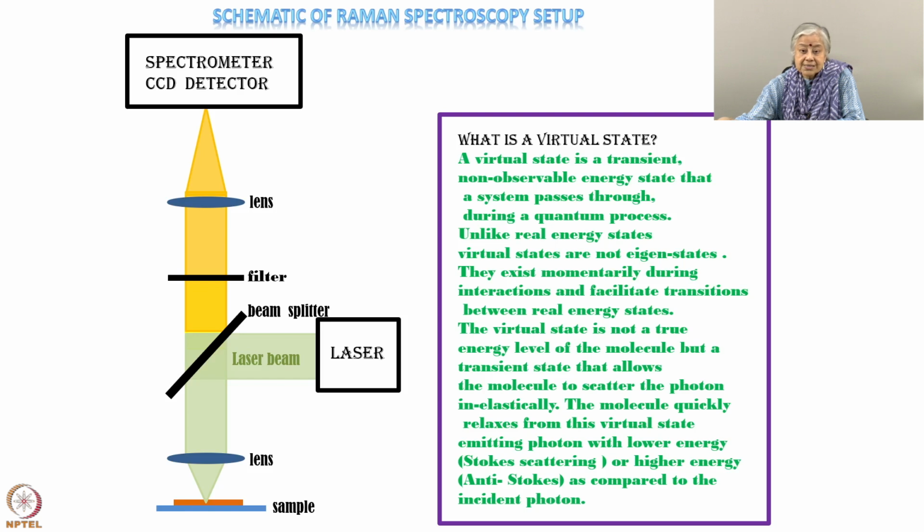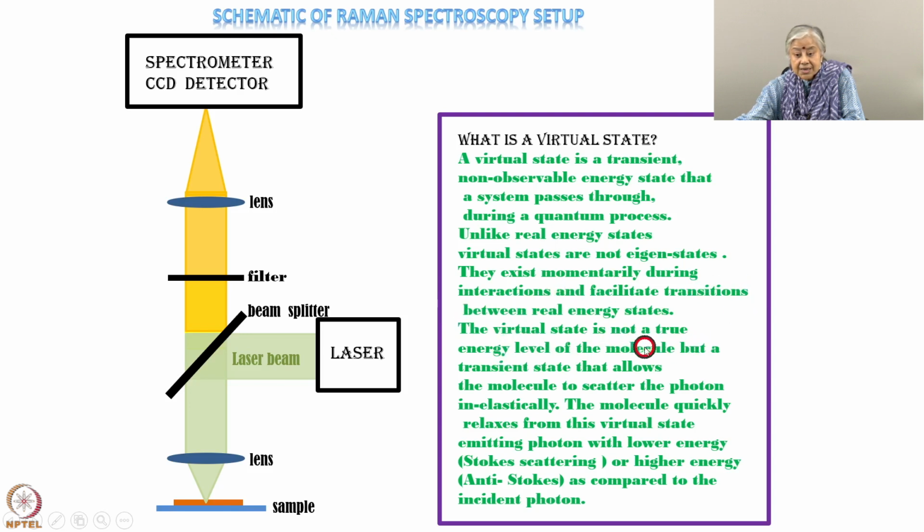So, a virtual state is a transient, non-observable energy state. See, it is non-observable, but we do use it in the theory, a state that a system passes through during a quantum process. Unlike real energy states, virtual states are not eigenstates. They exist momentarily during interaction and facilitate transitions between real energy states.